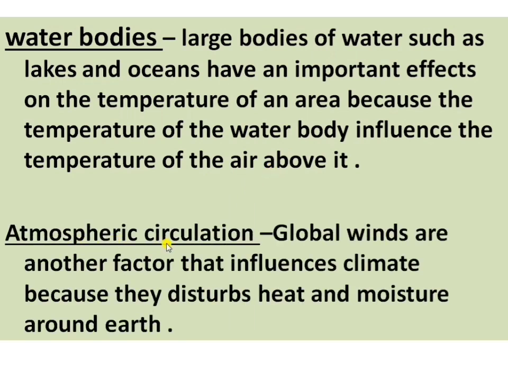Next is atmospheric circulation. Global winds are another factor that influences our climate, because these winds distribute the heat and the moisture around the earth. Then they affect our climate.